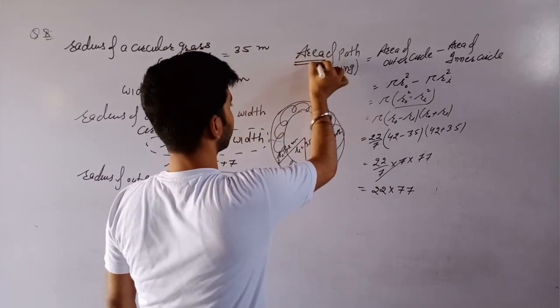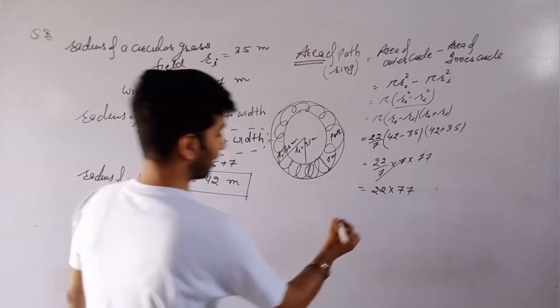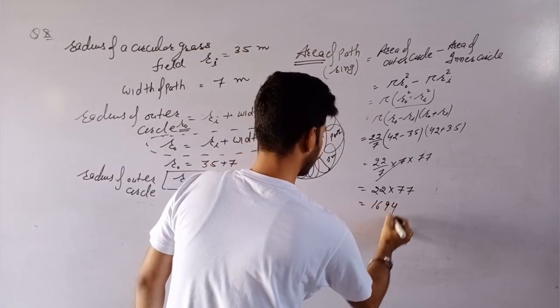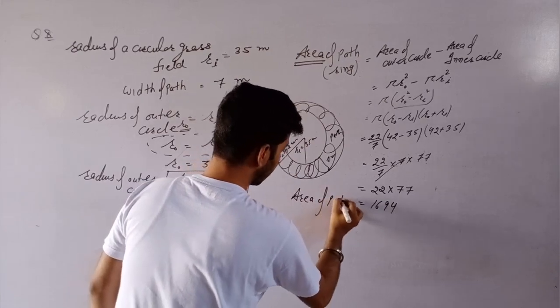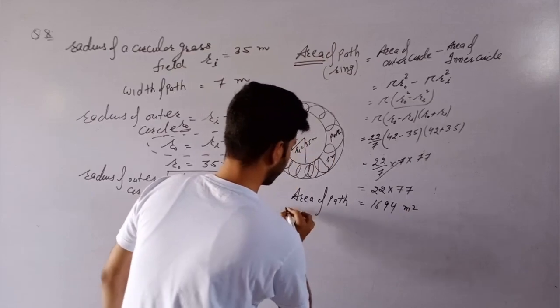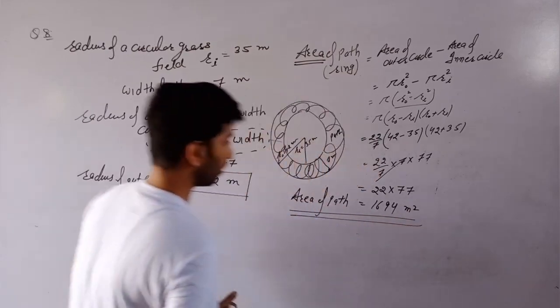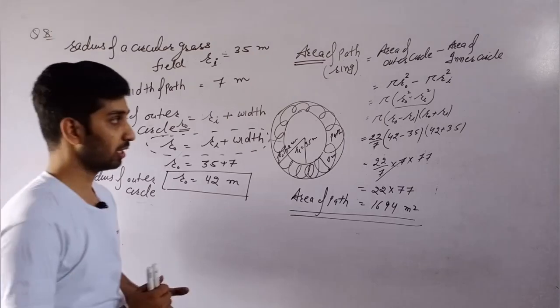If we will multiply 22 to 77, we will get that 1694. It is our required answer, that area of path. Unit is meter, so we will get area of path is 1694 meter square.